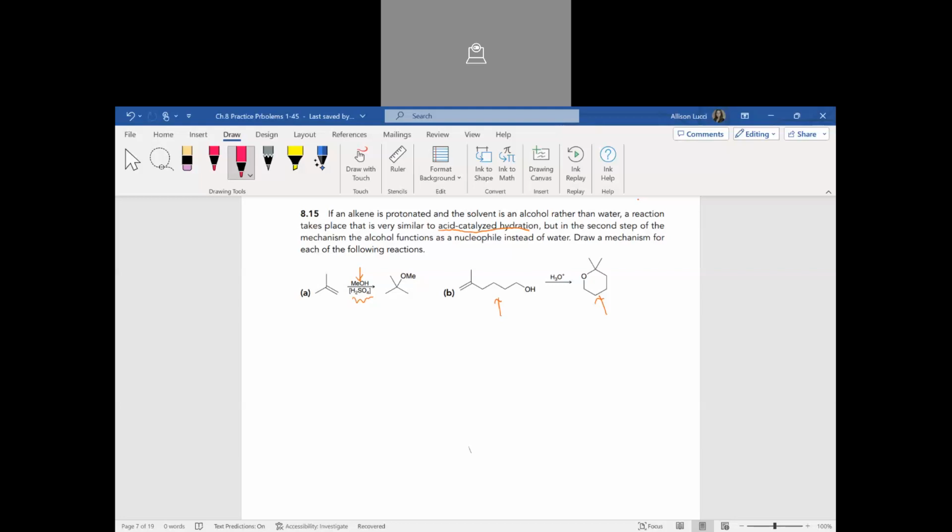So let's take a look here with this first reaction, and instead of H and OH being added across our alkene double bond, we're going to add H and OCH3, right? So instead of OH, it's a little different because of the alcohol. So again, we're going to have our proton transfer.